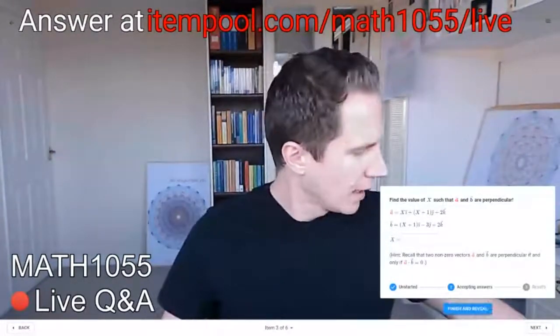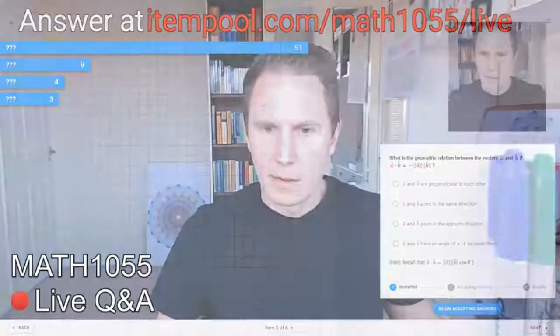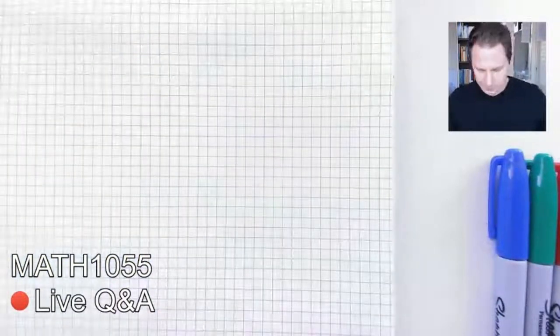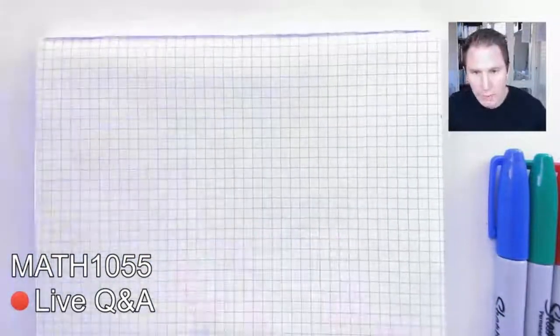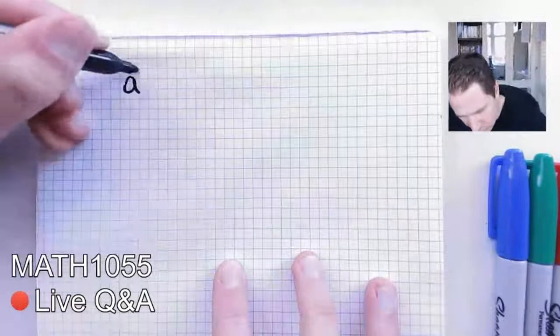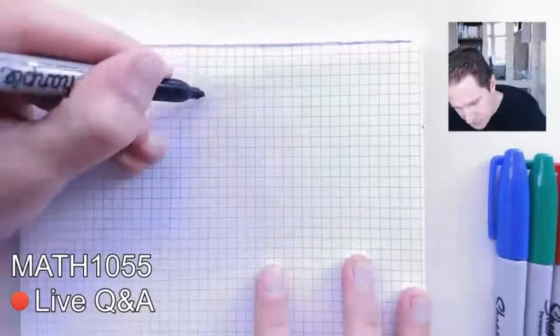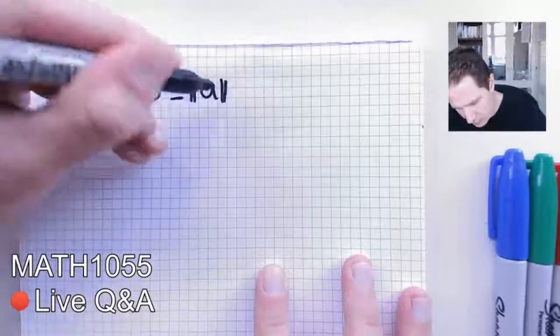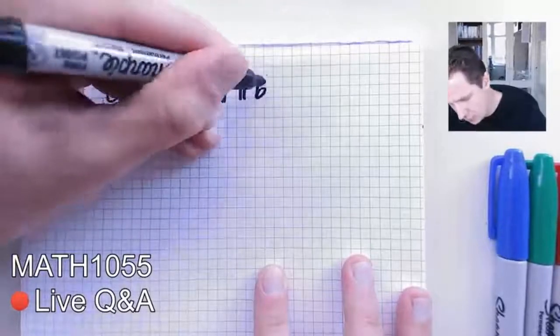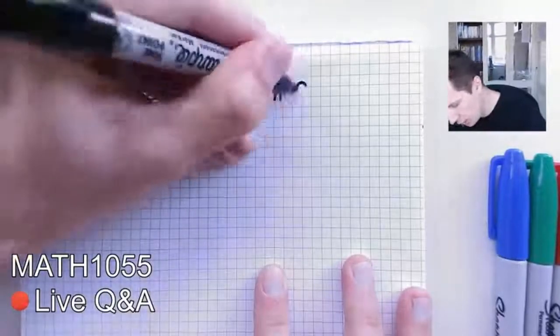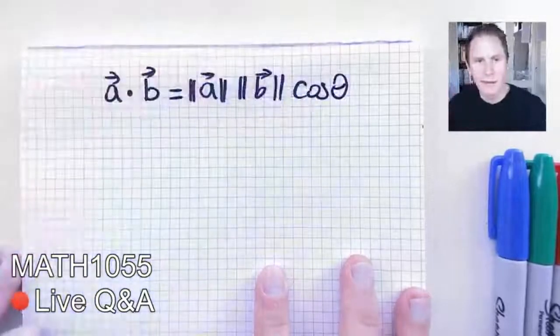Oh, by the way, let me just go back quickly before we start this one. In case anyone wasn't sure about this answer, the general formula for the dot product or scalar product is this one, right?